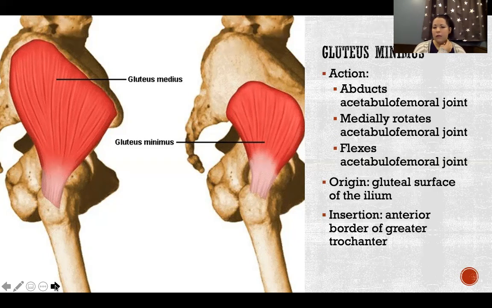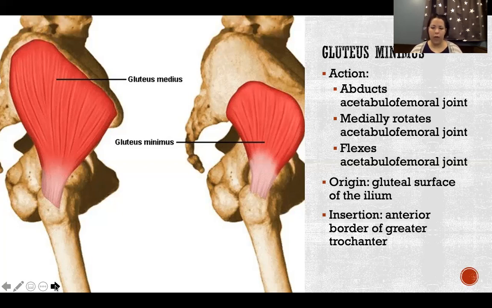Then minimus is deep to medius, and essentially is like medius, except it only has the anterior and middle portions. Minimus does not have the posterior portions. So its actions include all of those of the middle and anterior parts of the muscle.